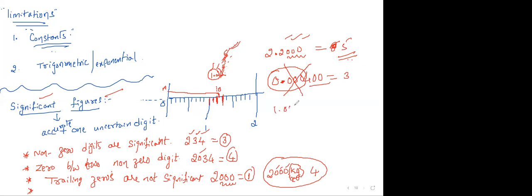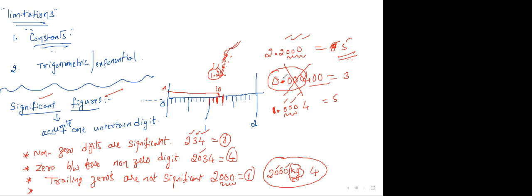If I write 1.004, 5. These zeros are significant because this number is not less than 1. It is more than 1. Only in the case of less than 1, if you have zeros before the first non-zero digit, they are considered not significant.